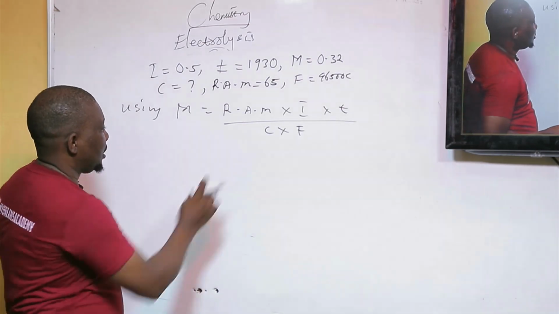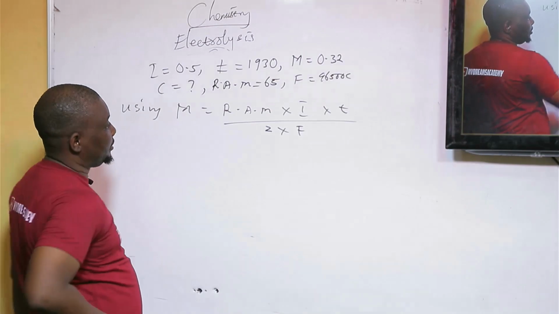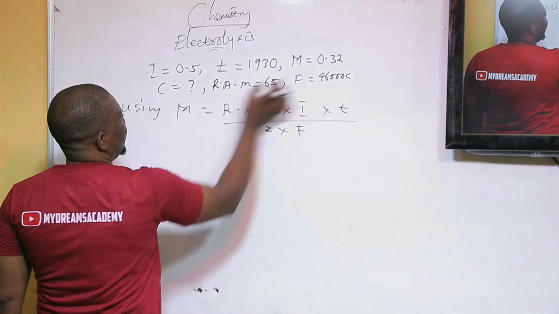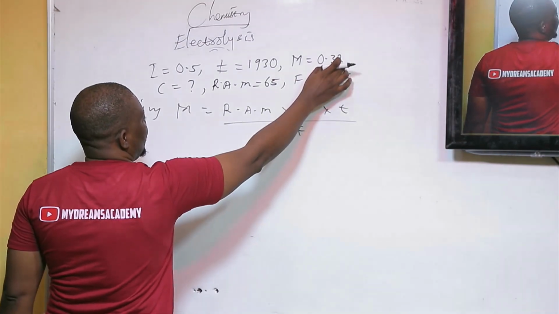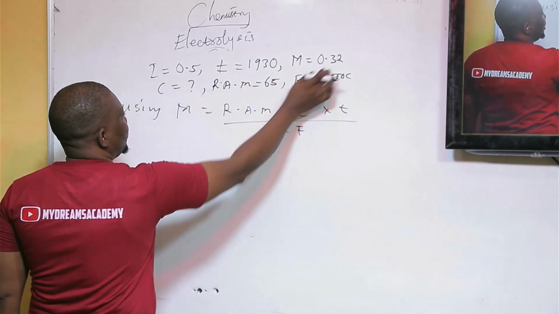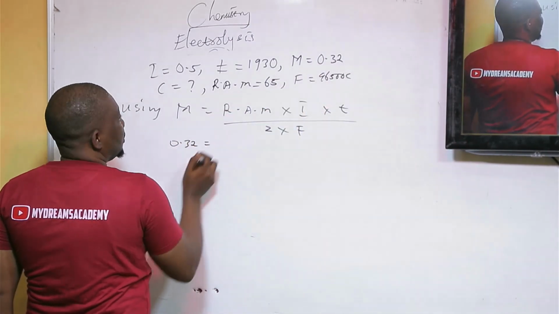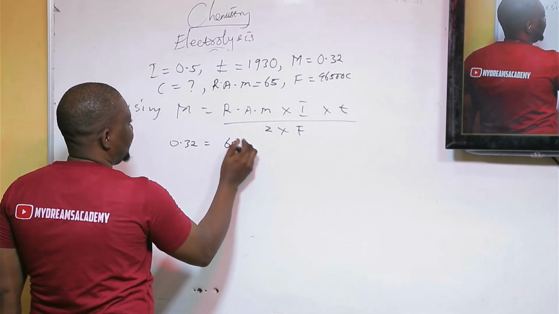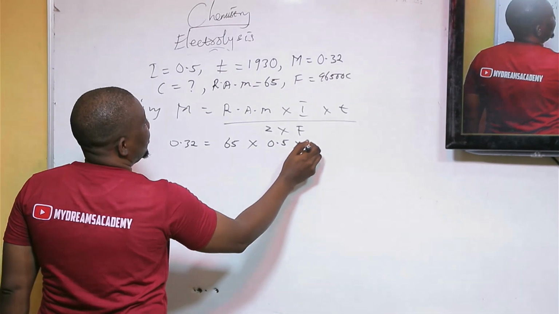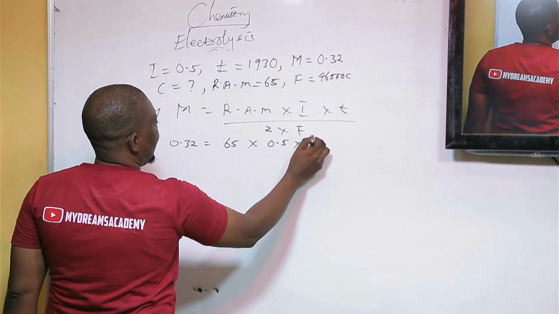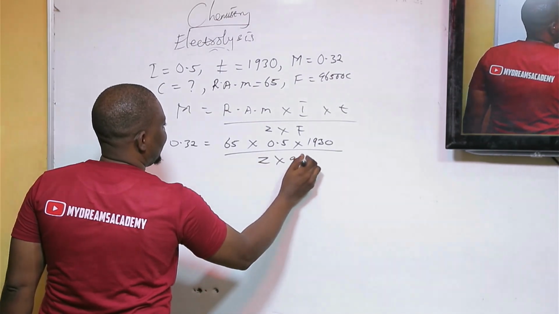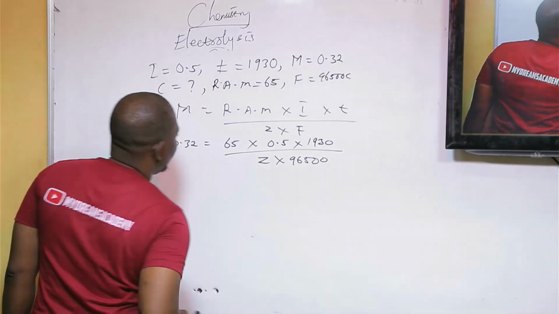I can use small z as the charge. So M is 0.32, equals 65 times I, 0.5, times time, 1930, upon Z times 96,500. This is what we have.